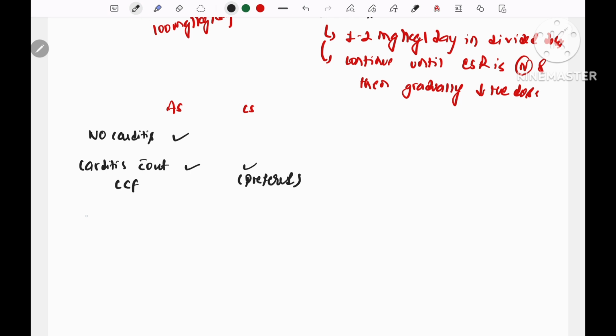If there is carditis with congestive cardiac failure, then corticosteroid is chosen. And if aspirin is contraindicated, then we go for naproxen.